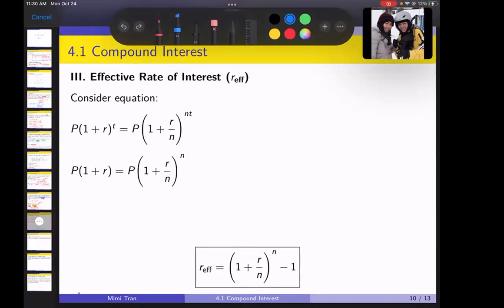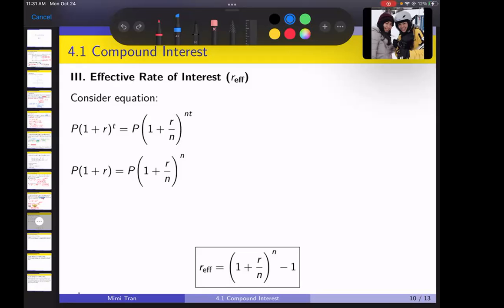Effective rate of interest. So here, this problem, I forgot what it's saying in the book. I forgot what the purpose of the effective rate is. Oh, this is the annual percentage yield. Yes, your APR, annual percentage rate.